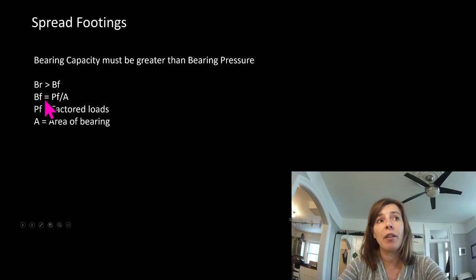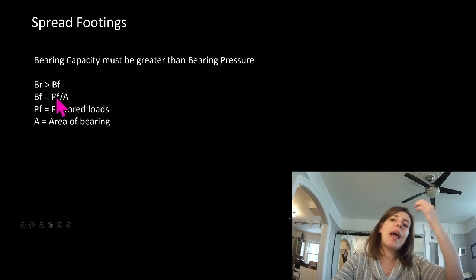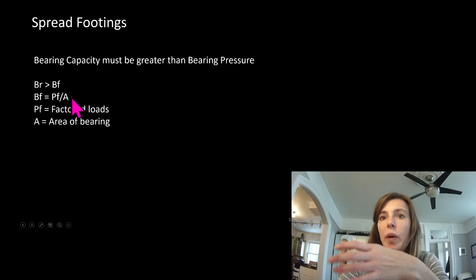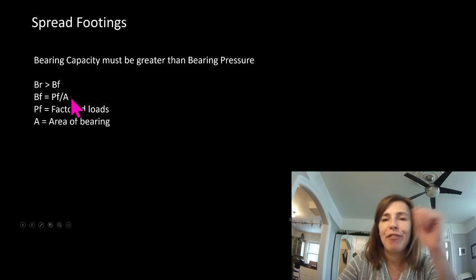If BR has to be greater than BF, we can substitute this out here, and if we know BR, because we've gotten it from the soils report, and we know what BF is, because we've figured that out from everything we learned earlier in this term, we should be able to figure out what area of footing we need. Rather than check an area, see if BF is less than BR.